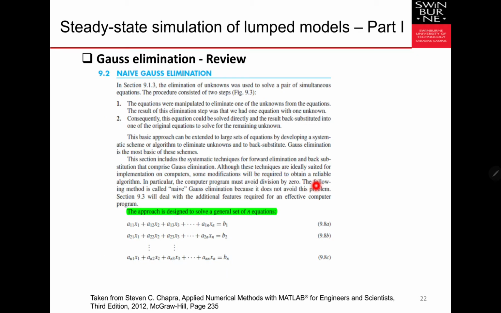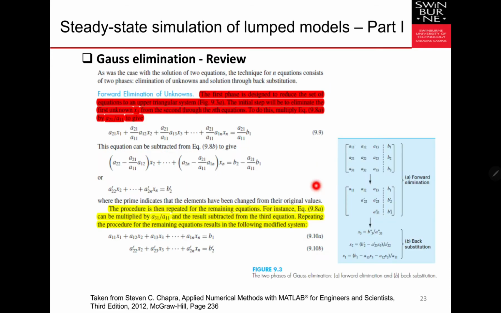Then we move on to Gauss elimination. Gauss elimination is designed to solve a general set of n equations, as shown by A, B, and C. There are 2 steps with naive Gauss elimination. The first is the forward elimination of unknowns.